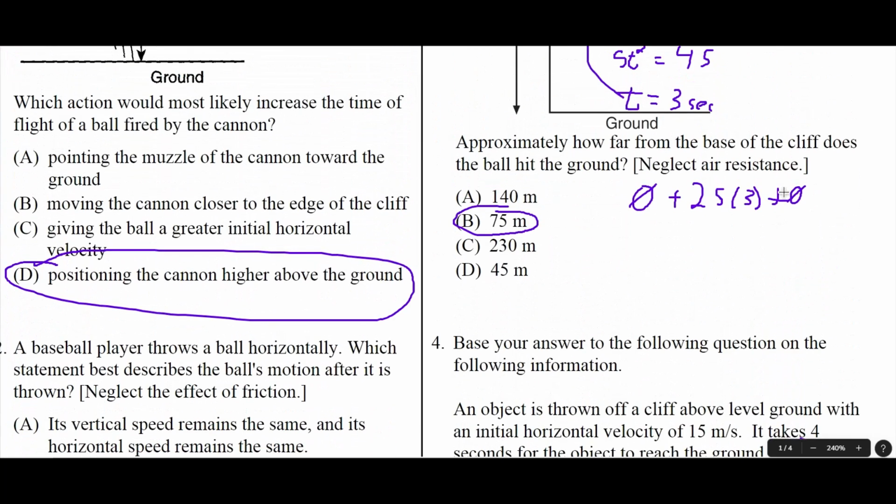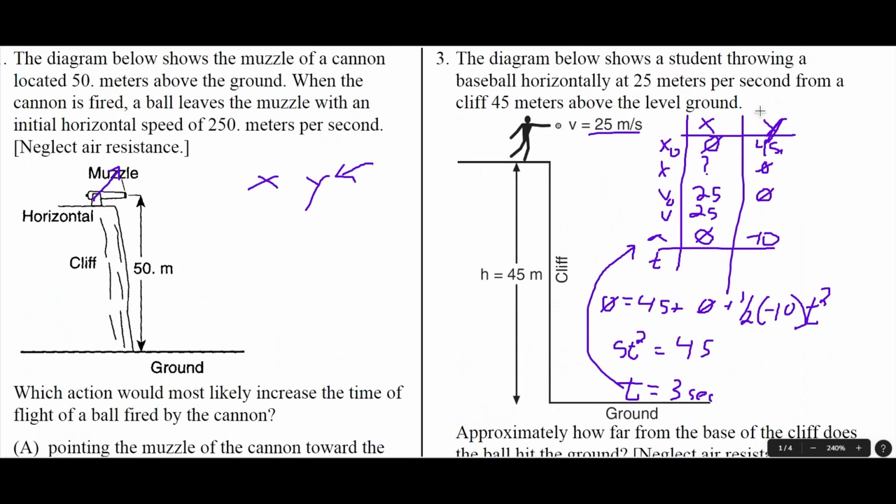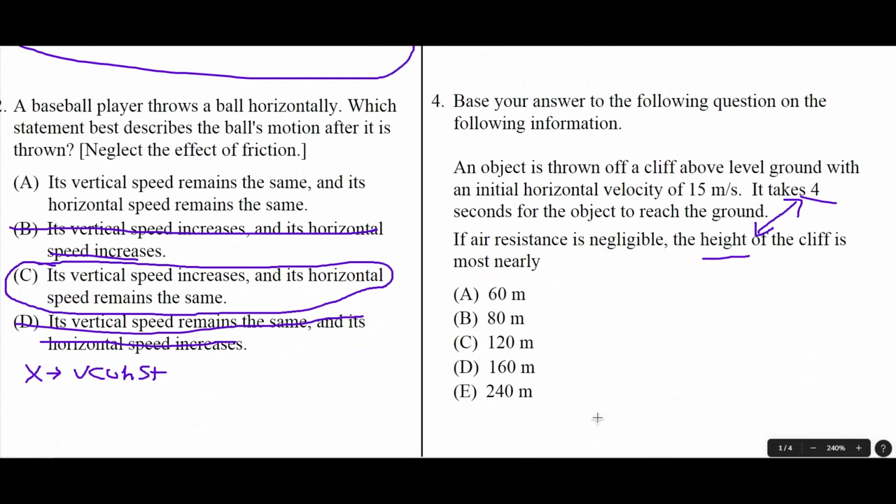Essentially, I could do the XY column, but I'd only be focusing on the Y column, since the x doesn't really factor in here. So I'm going to use the knowing x equation again. The final position is going to be 0. The initial position is what I'm looking for. Because it's being thrown horizontally, the initial velocity in the y direction is 0.